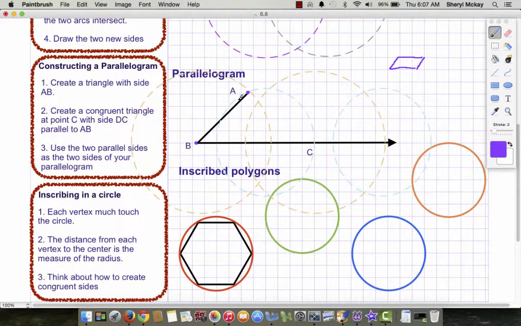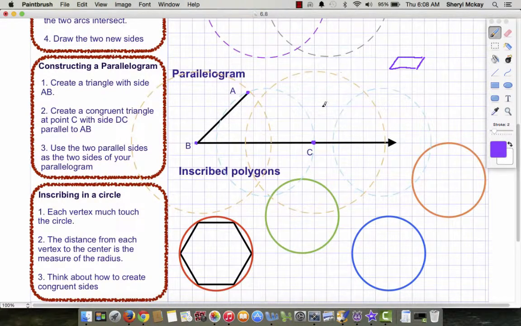So you're going to need to make another side that's parallel to AB, and I want you to do it right here at C. That's where I want it to start. So the tricky part about this is I can certainly take my compass and measure B to A, and then I can go over and I can look at C and I can kind of stick my compass there, but I'm not sure where I'm going to actually measure it, am I?